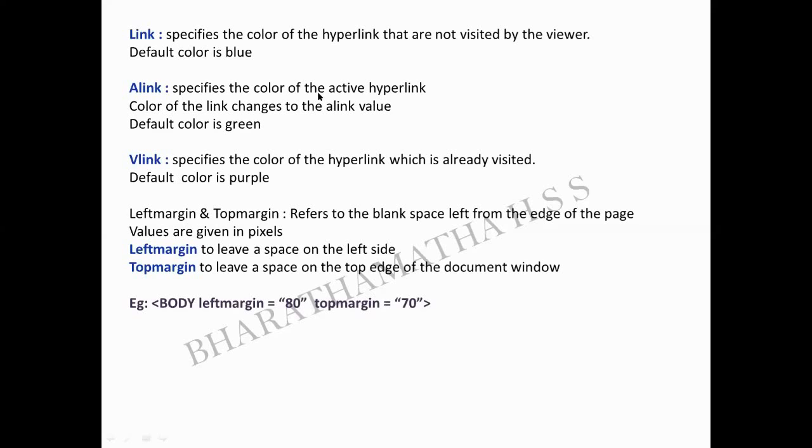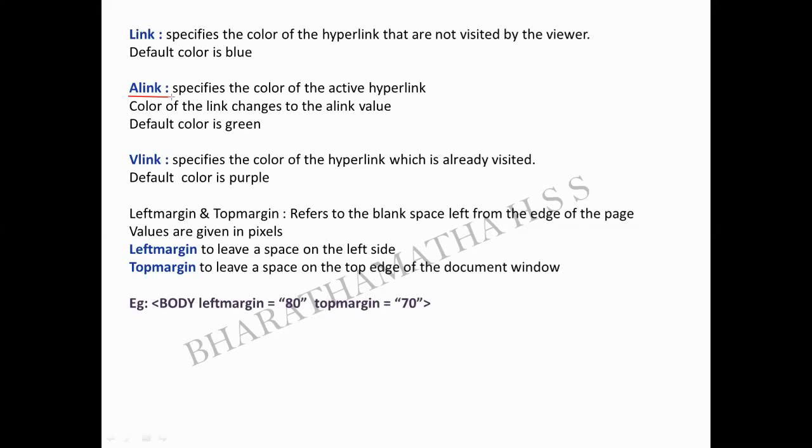There is something called A link, but now you don't see this much. Which means the site which you are working on, which site you have chosen, that particular site is known as your active link. If a list of sites is displayed for you, you click on one and go in, and you are searching for some details.